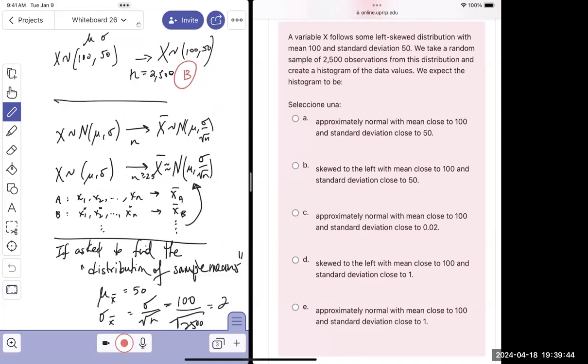So this is 2. So which one's this, 50 and 2 or 0.2?